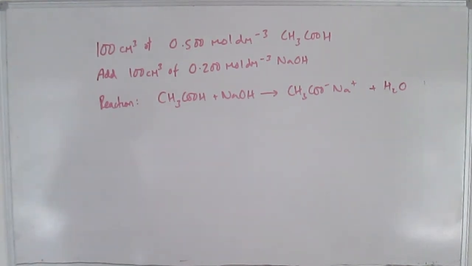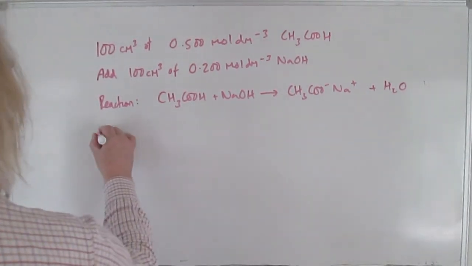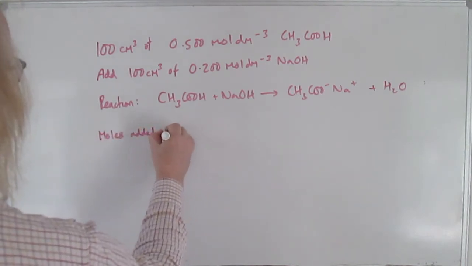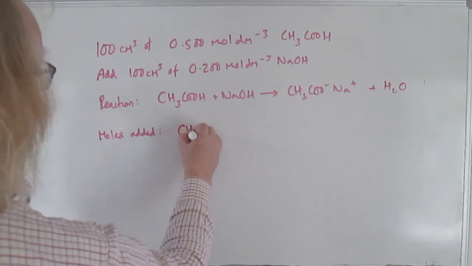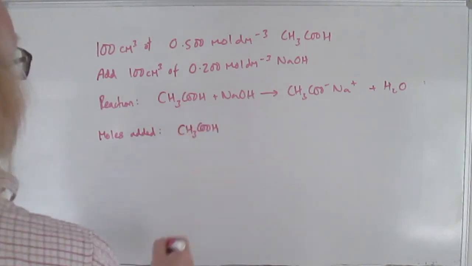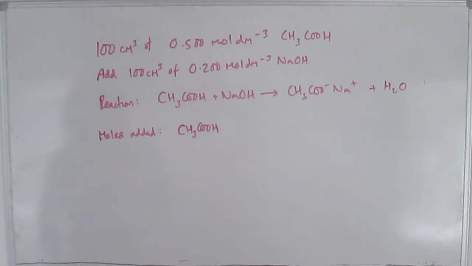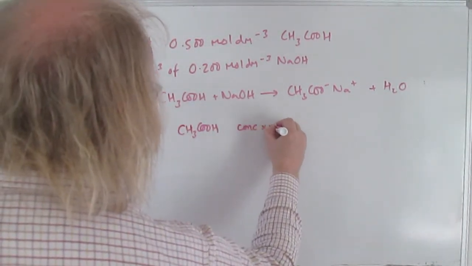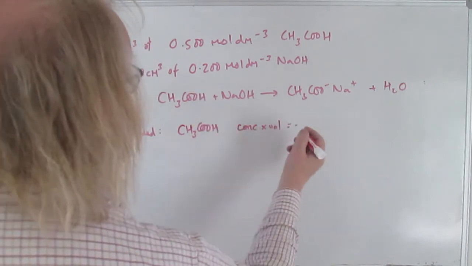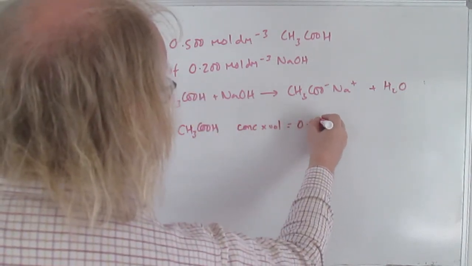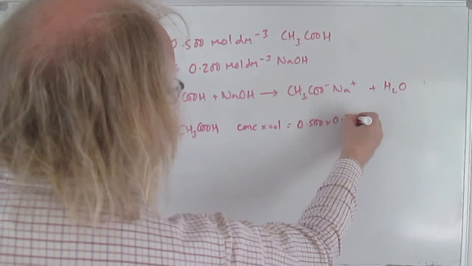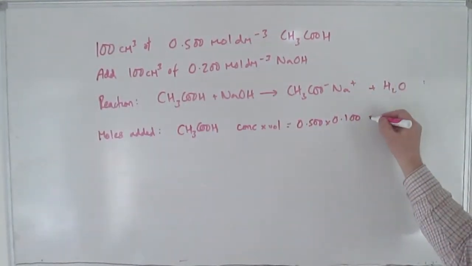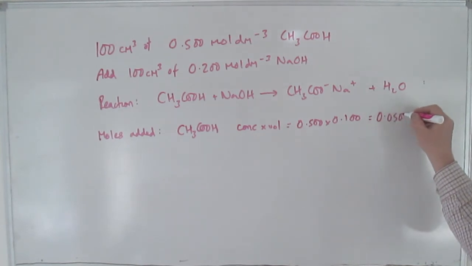Now if we work out the moles added, for the ethanoic acid, we've got concentration times volume, which is 0.500 times 0.1, which is 0.05 moles.